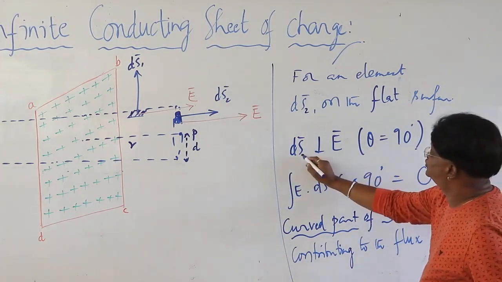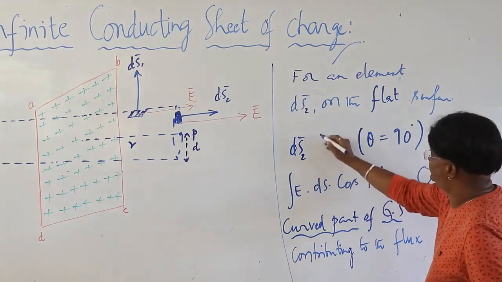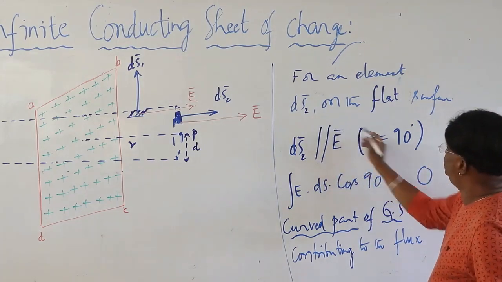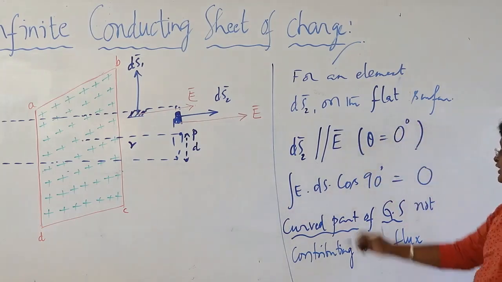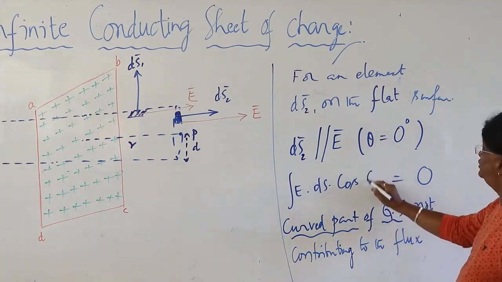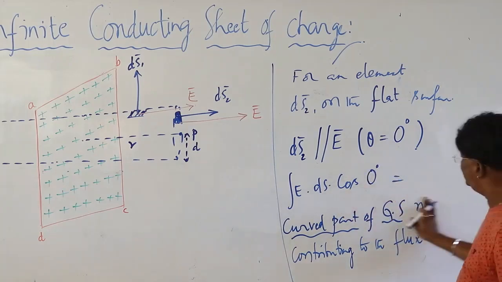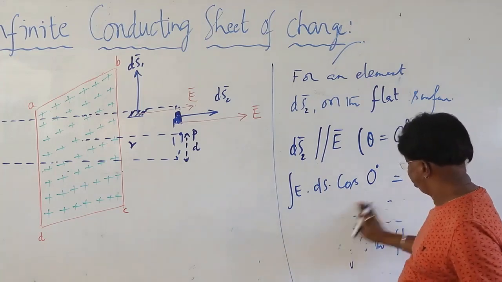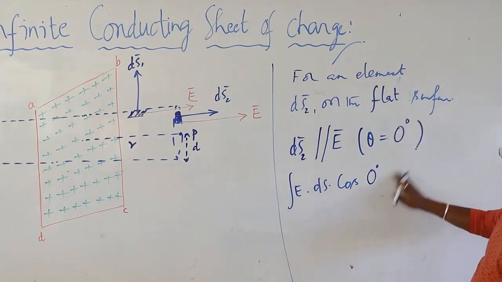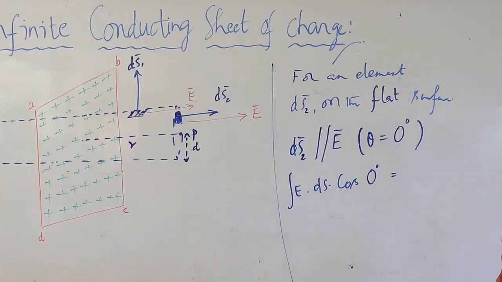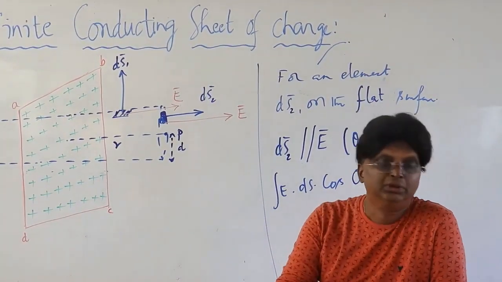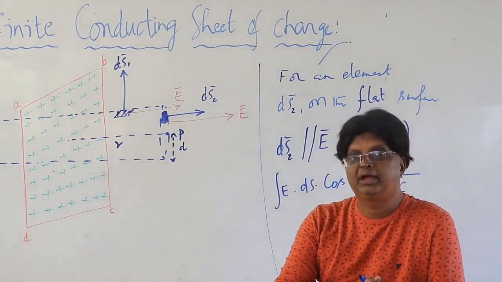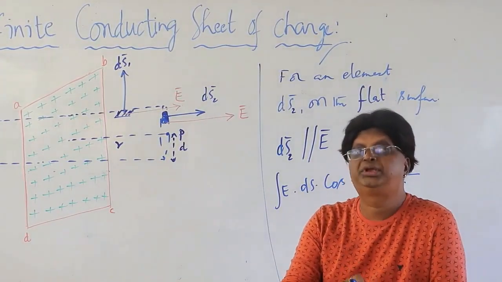Then ds2 bar, what do you find there? It is parallel to E bar, theta is 0 degrees. Therefore here you get E ds cos 0 degrees equal to Q by epsilon naught, since cos 0 degrees is 1. Now one more time, how to write the value of Q. Remember, we said charge per unit area.